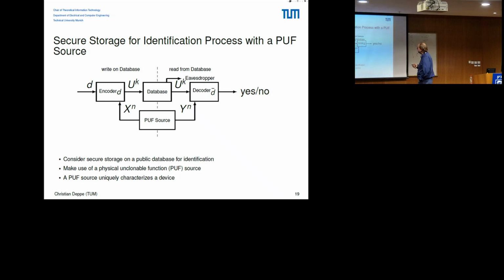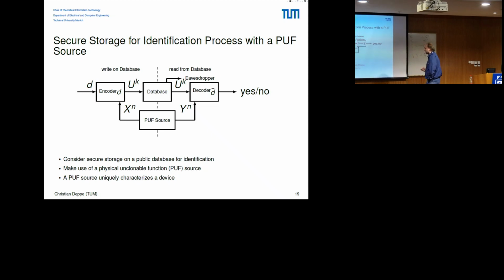Also we have an eavesdropper who can also read from this database. And we have a PUF source, which is modeled as a discrete memoryless multiple source, and it puts out some X^n and some Y^n. We assume that the eavesdropper does not have access to the source. He doesn't know what comes out here.